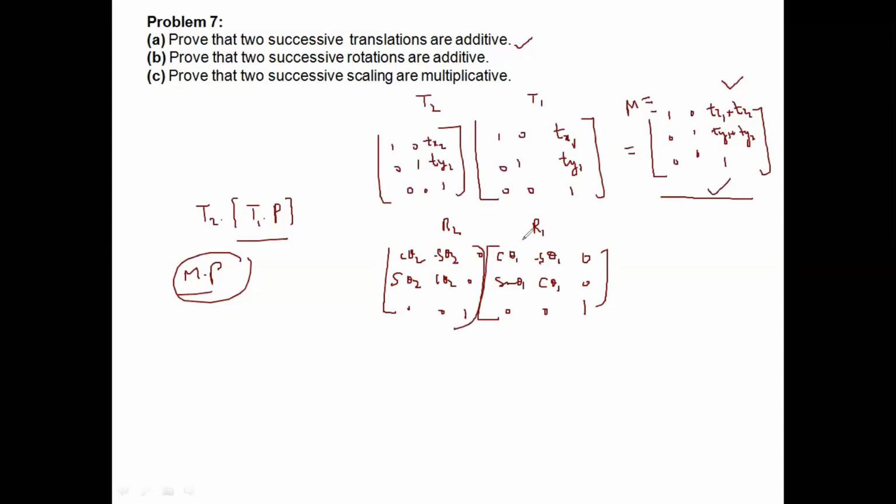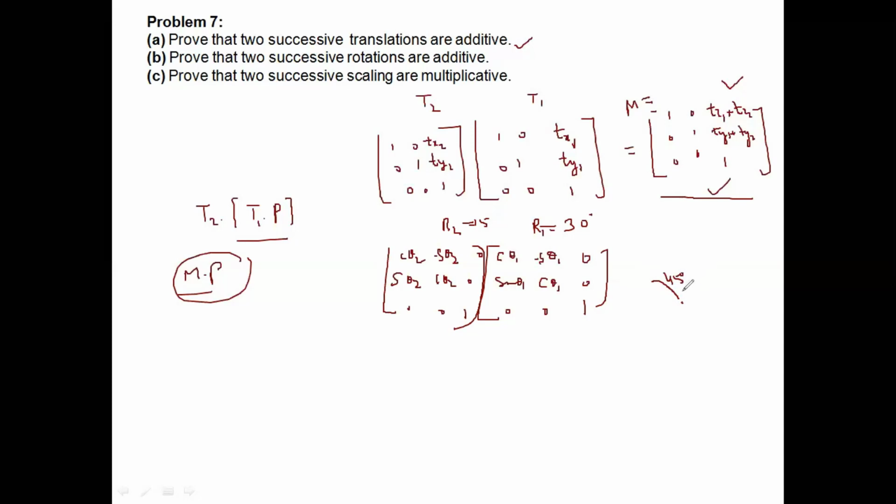Okay, so with these two matrices, the first point is rotated by an angle, let's say 30 degrees, and then it is rotated by 15 degrees. So we are saying simply that the point is effectively rotated by 45 degrees.